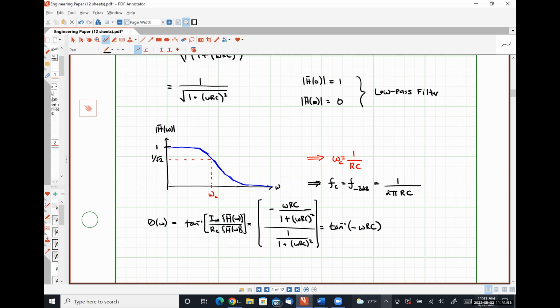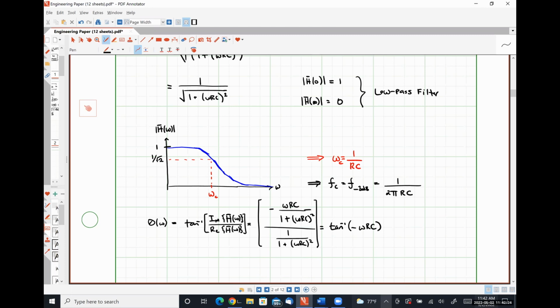So we have taken a simple 2 resistor network and analyzed how it behaves really across all frequencies to provide to us a circuit that is capable of passing low frequency signals and attenuating or blocking high frequency signals.